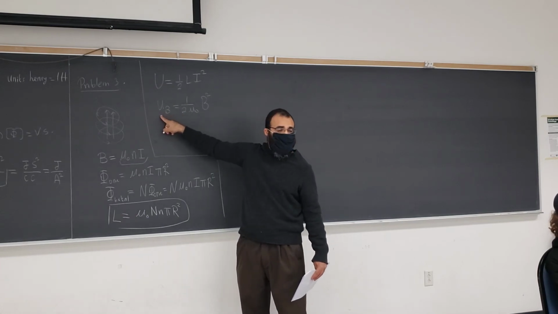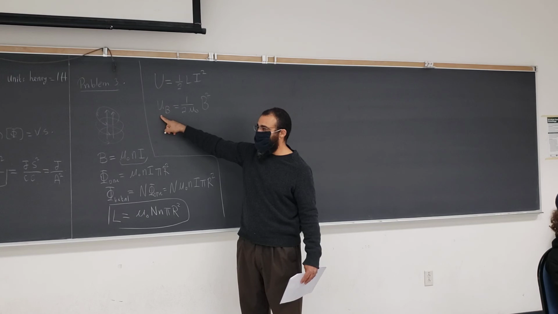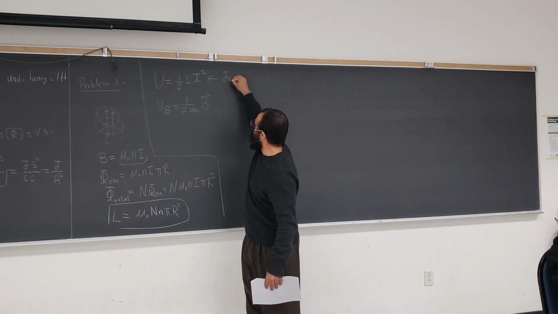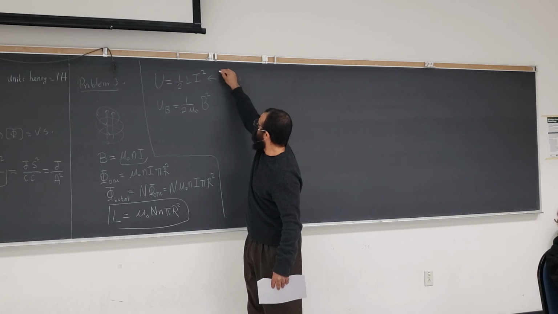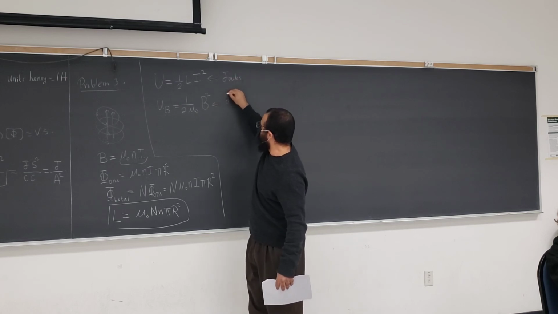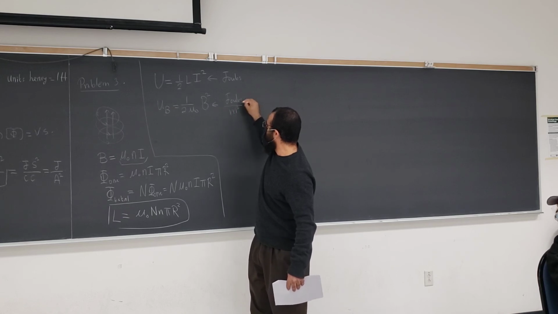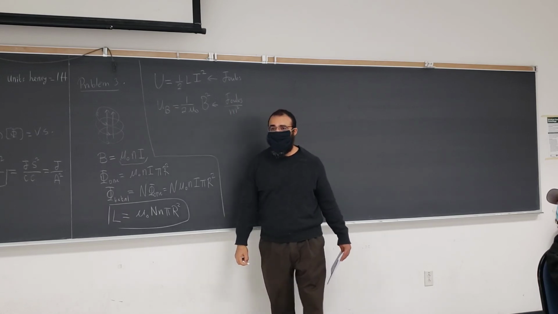It's energy per unit of volume, so what are the units of this? Joules per cubic meter, yeah. So this one is in joules, and this one is in joules per cubic meter. Energy per unit of volume.